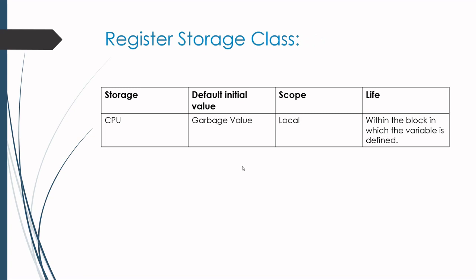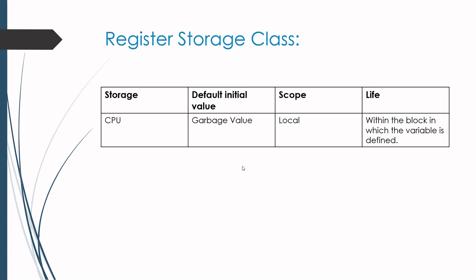Okay. And the next one is the register storage class. Everything is the same as the automatic storage class, but with one and only difference: once you take the register storage class, the values of those variables get stored in the CPU registers, not in the memory locations.